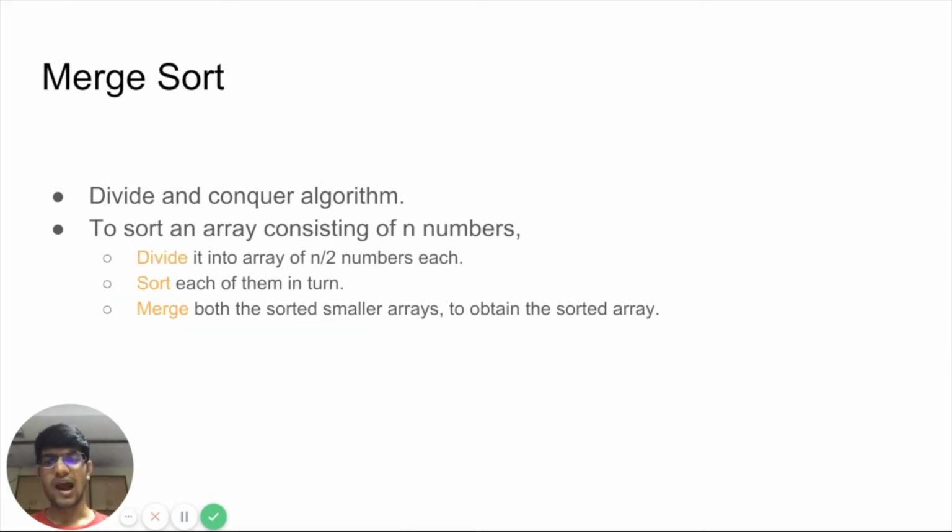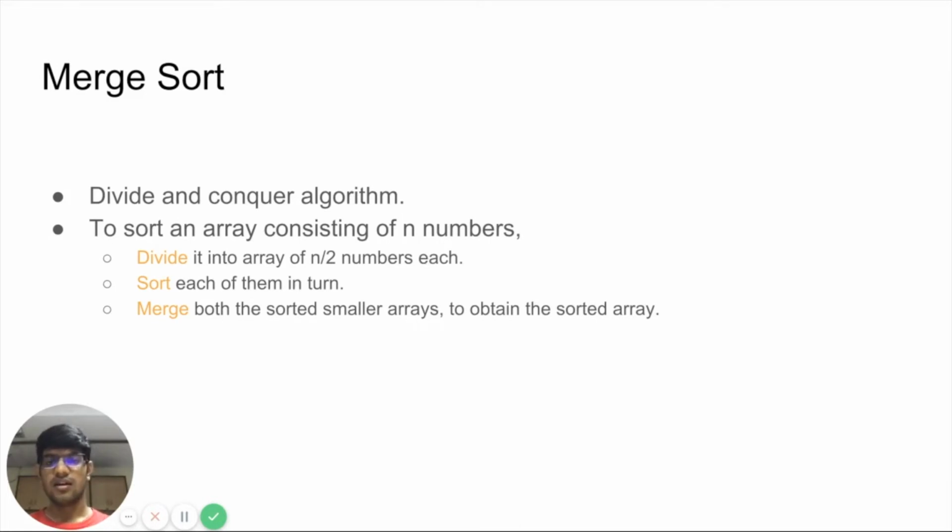Now let us look at why merge sort is called a divide and conquer algorithm. In merge sort, in order to sort an array consisting of n elements, we first of all divide the array of n elements into two smaller arrays of n by 2 elements each. This is where we used the divide step of the divide and conquer algorithm. Next, we sort each of the smaller subarrays of n by 2 elements each.